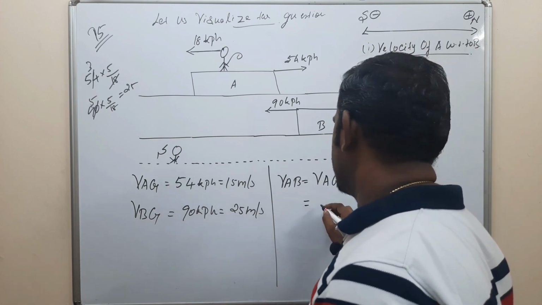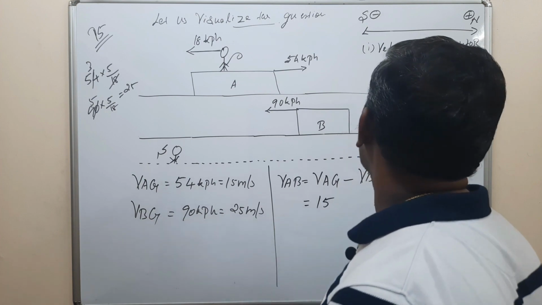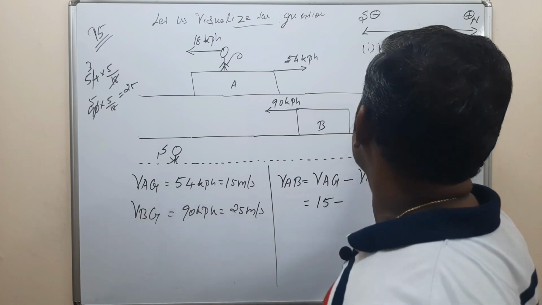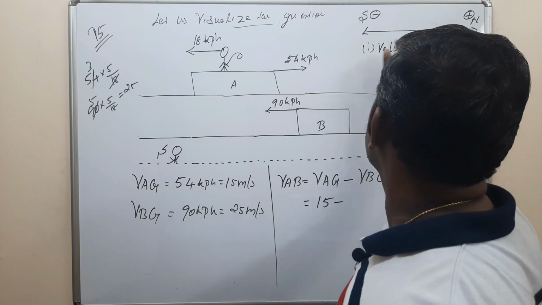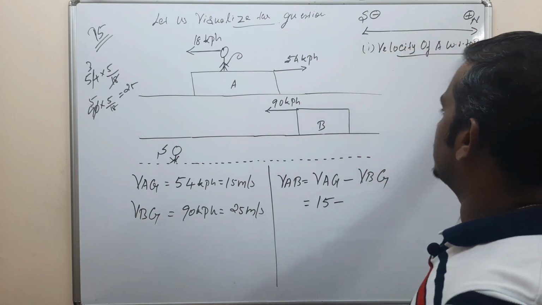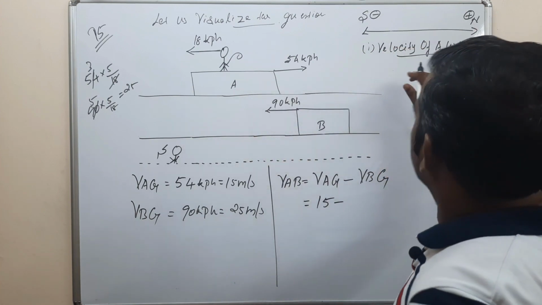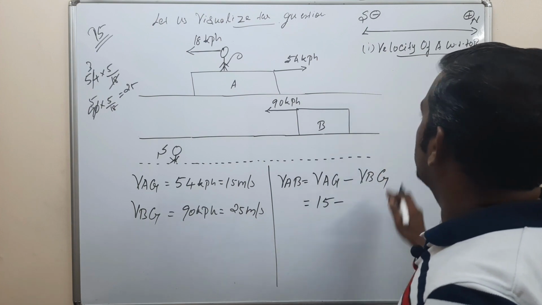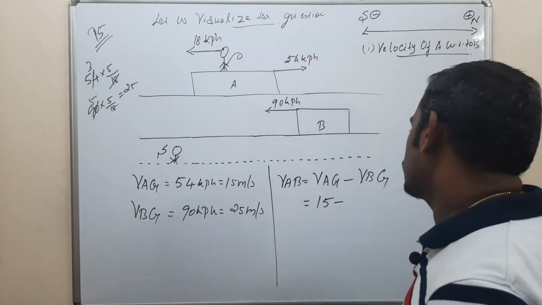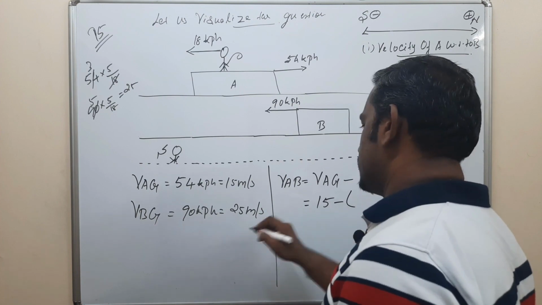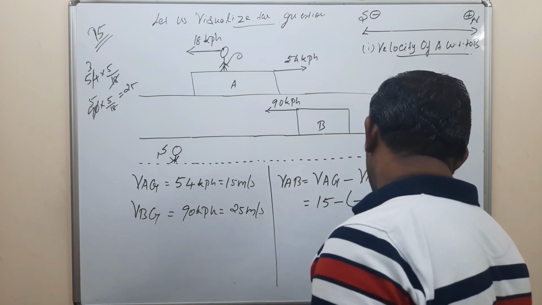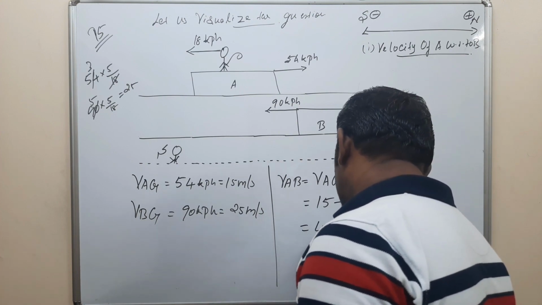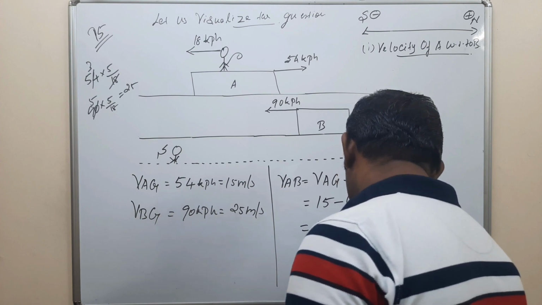That is 15 minus, taking the northward direction as positive, since A is moving towards north, and towards south as negative, minus of minus 25. So that's equal to 40 meter per second.